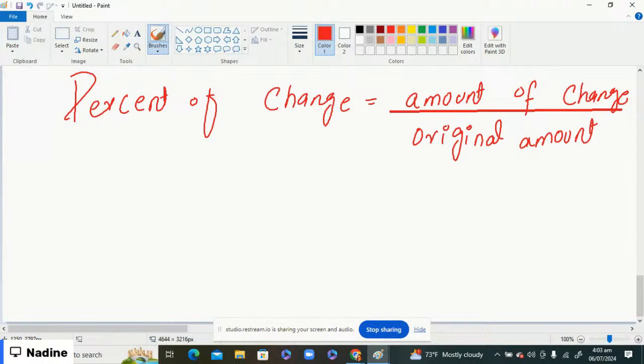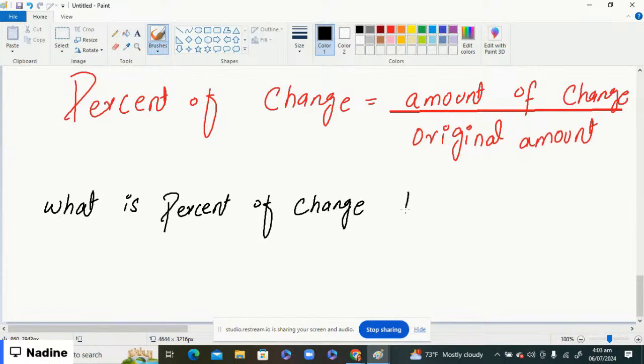So if they are saying, what is the percent of change from 25 to 26?